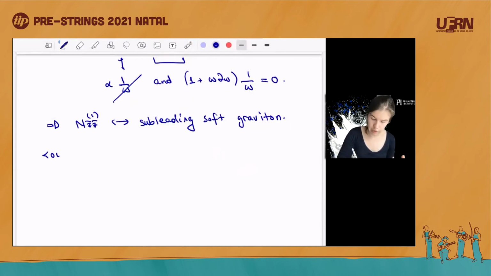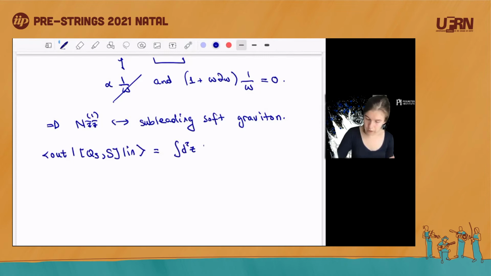I can just write out Q soft S in is equal to this integral over the sphere, d z cubed y z. So this is what we had before, and we just showed that this is like a subleading okay.